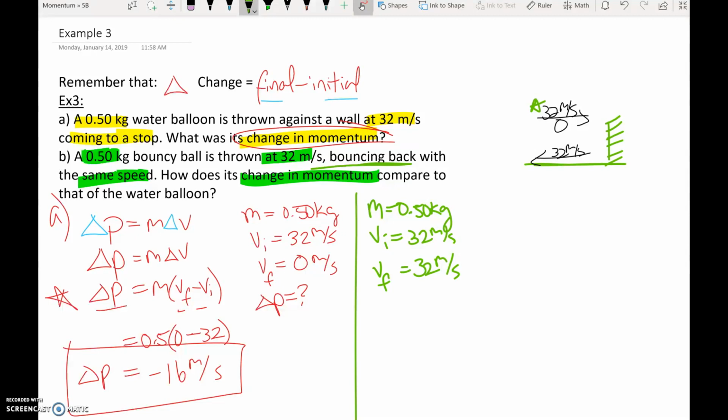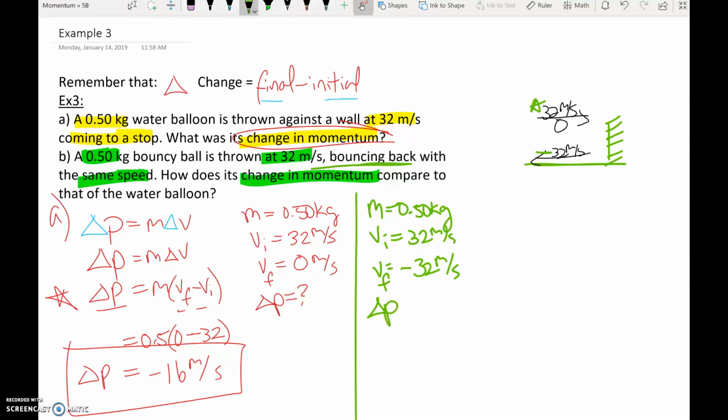If we did final minus initial of this, it's going to be 0, isn't it? Take a look at the picture. On the bounce back, which way is it going? It's going to the left, which means our final velocity is not just 32. It's got to be negative 32. Okay, pay attention to direction. Initial velocity is positive because it's going one way. Final velocity is negative because it's going the opposite.